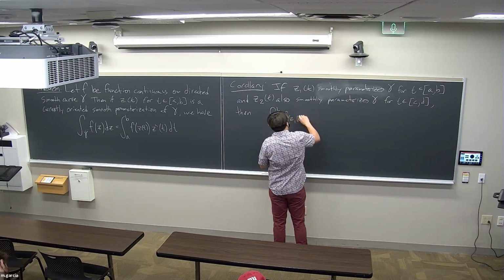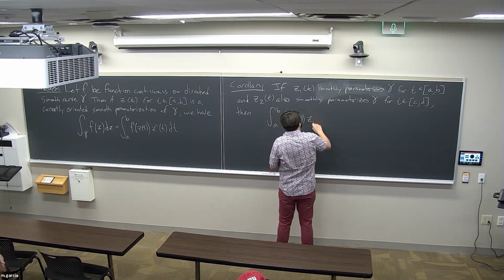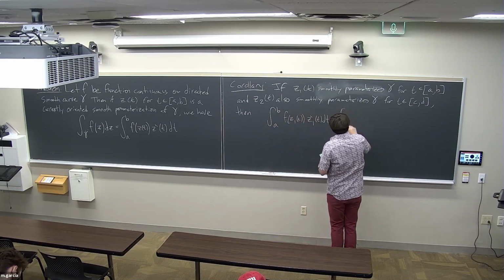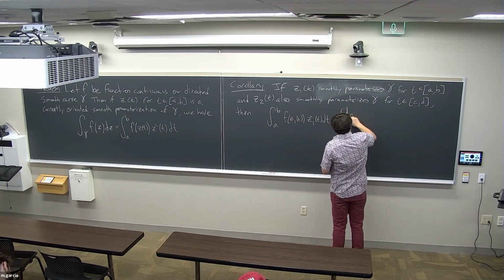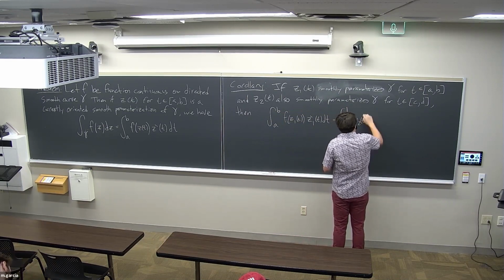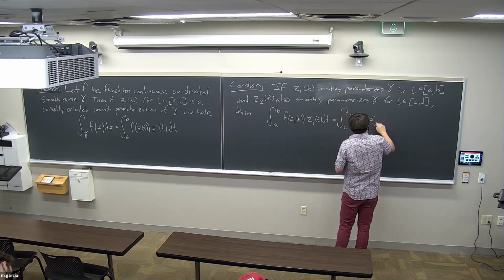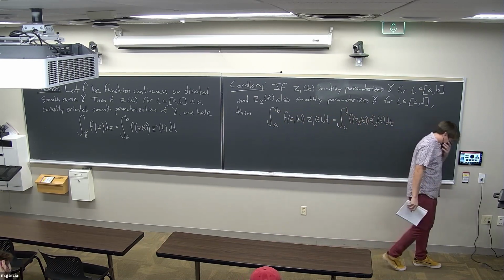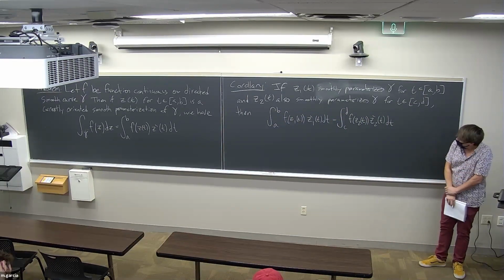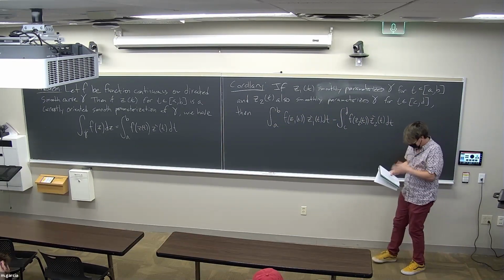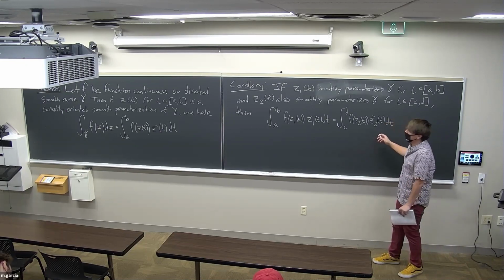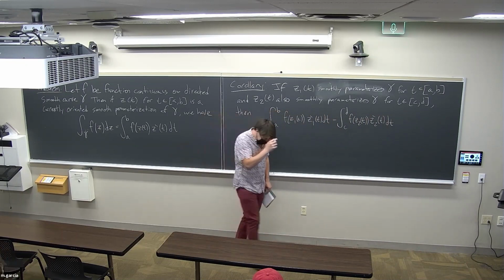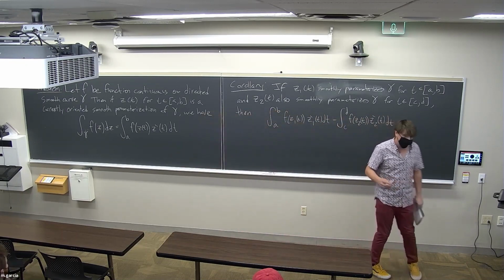The integral from a to b of f of Z1 of t times Z1 prime of t dt is equal to the integral from c to d of f of Z2 of t times Z2 prime of t dt. Okay, and I want you to think about how to deduce this corollary from this theorem, and maybe that'll be part of the next problem set. Just meditate on this for a little while.